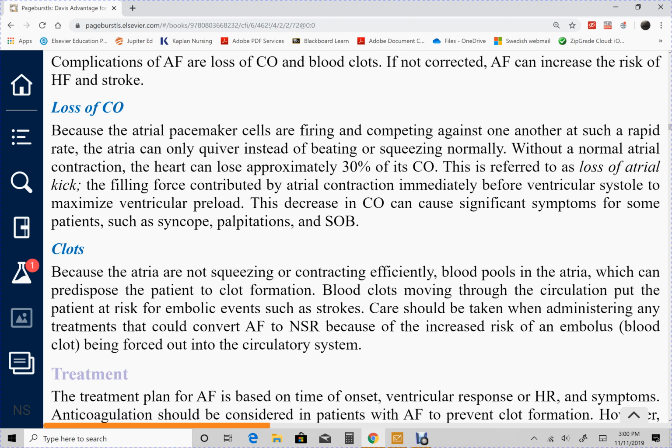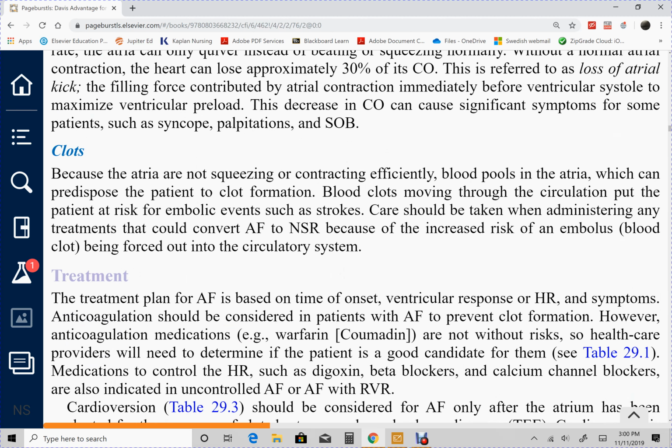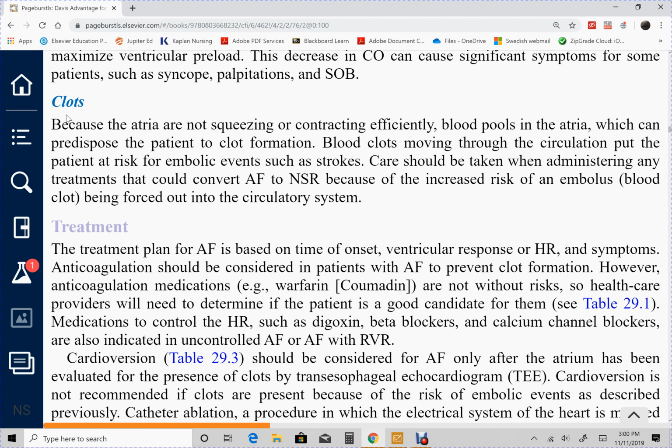So since these are our complications, our treatment will also target these two. As you can see on the treatment here, one goal of treatment is to prevent these clots from forming. So that's why you have heparin and Coumadin.